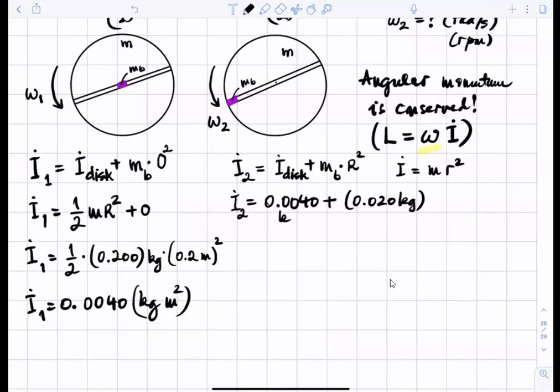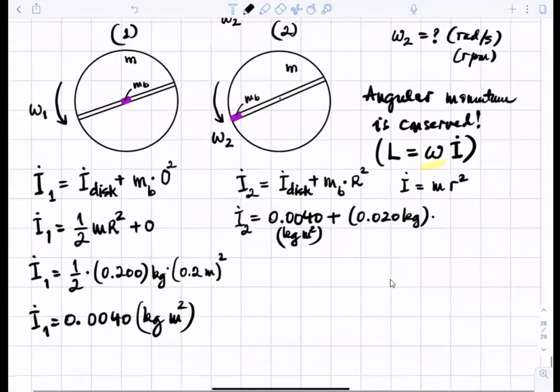I should have put here kilograms meter squared. Right, we are adding apples and apples here. Times the radius squared, so that would be 20 centimeters, so that's 0.2 meters squared.